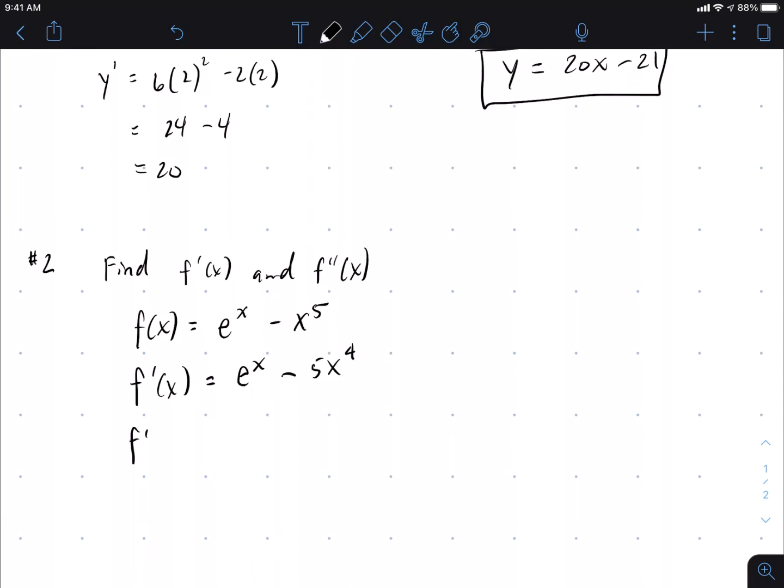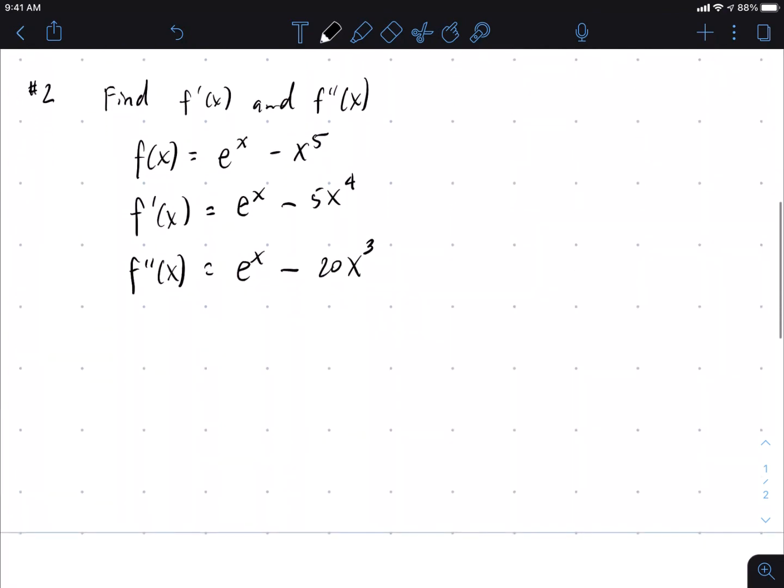The second derivative then yields again e to the x, but we're going to have a minus what? 20x to the third. 20x to the third. Is that clear? Is there anyone that needs me to demonstrate why that becomes 20x to the third? We're all okay? Straightforward. Okay. Cool.